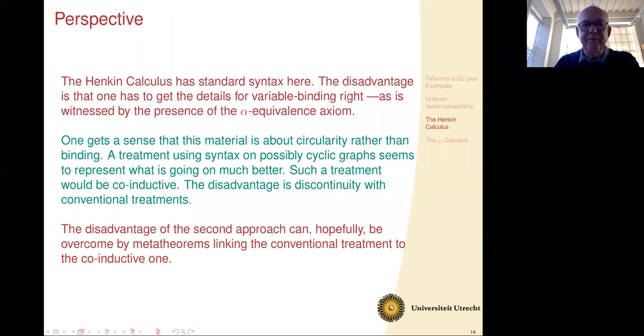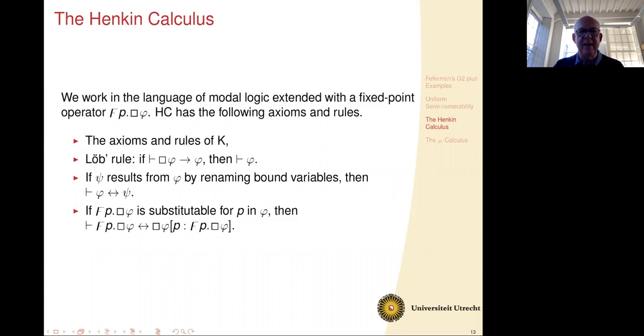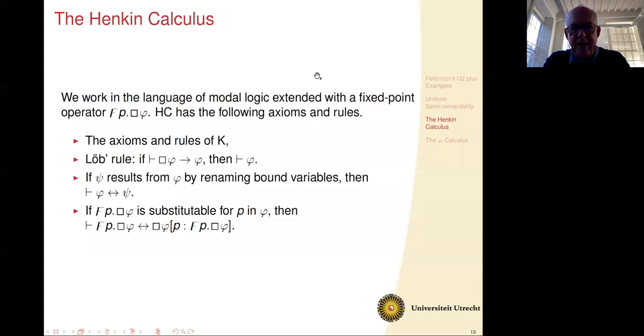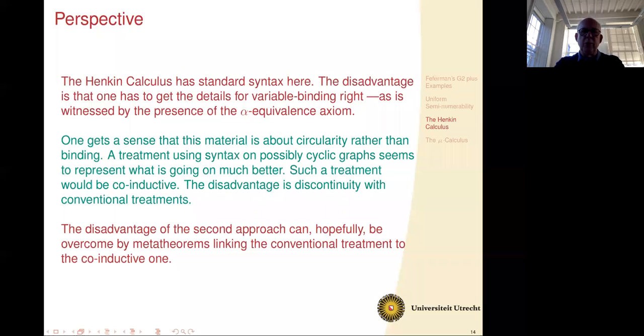Okay, so the Hankin calculus, as I formulate it here, has the standard syntax, but after I submitted my abstract, I discovered that you can also do it differently. It seems to me that the Hankin calculus is not at all about binding, but about circularity. So what you could also do is change the syntax and work with cyclic graphs, and it seems to me that they represent what's going on much better.